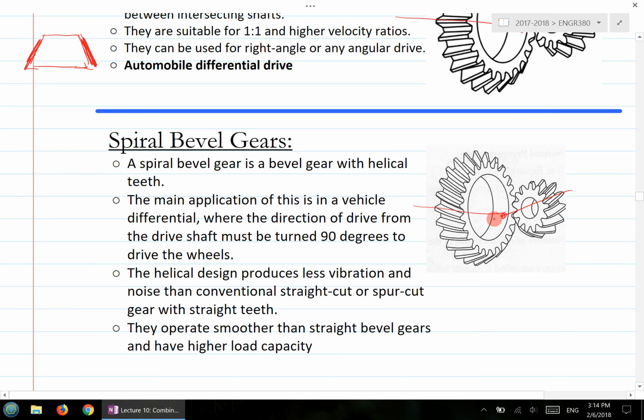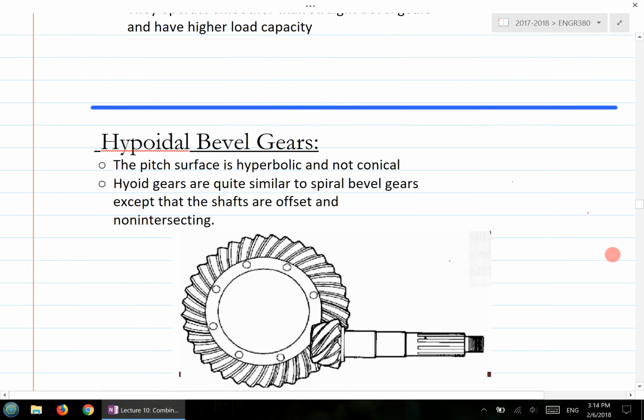Another type is called the hypoid bevel gear. For the hypoid bevel gear, the profile of the gear tooth is based on a hyperbolic profile. They are not conical. If you look at the profile here, it's more like this kind of shape on the surface.